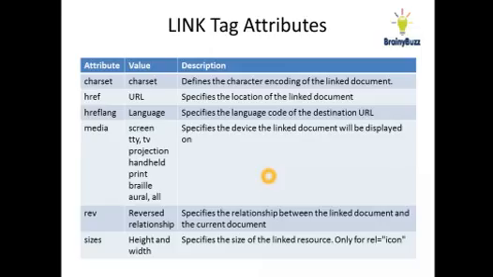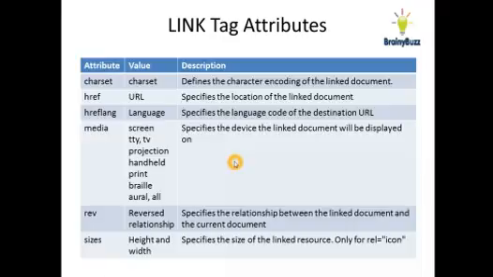These are the link tag's attributes: charset; href, used to define the location of the linked document; hreflang, the language code of the destination URL; and media, which specifies the device the linked document will be displayed on, like screen, TV, projection or handheld. Rev is the reverse relationship, that means it specifies the relationship between the linked document and the current document.